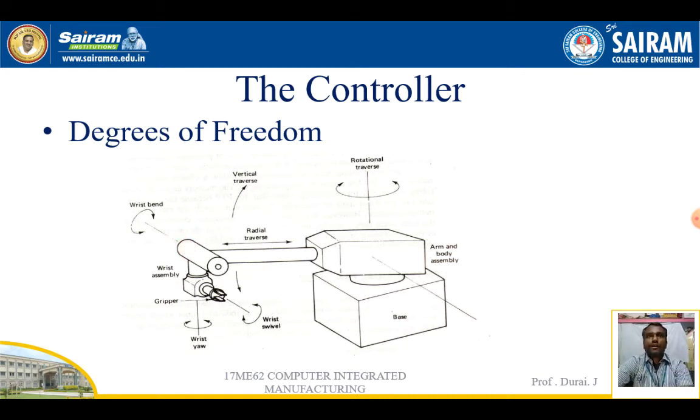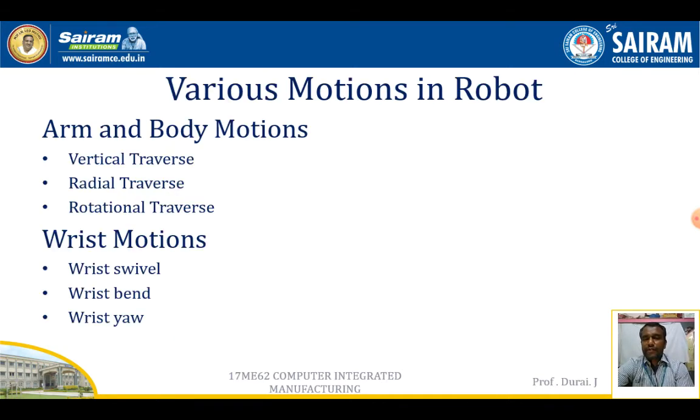Then comes the wrist yaw. This is the right or left swivel of the wrist. So this is also one of the rotational axes. So this is about the various motions in the robot.